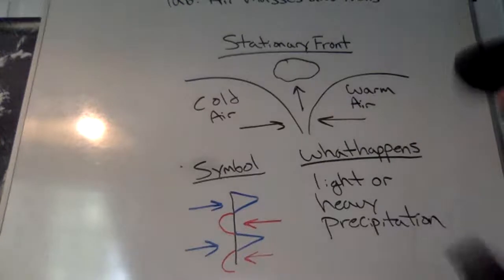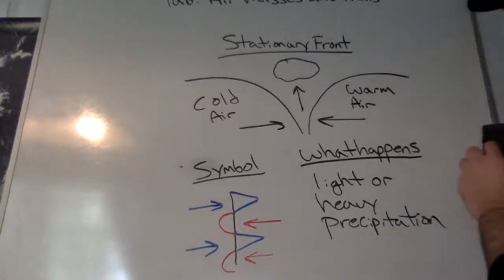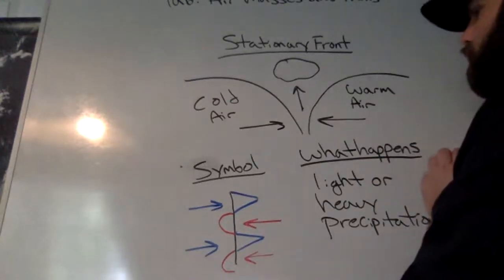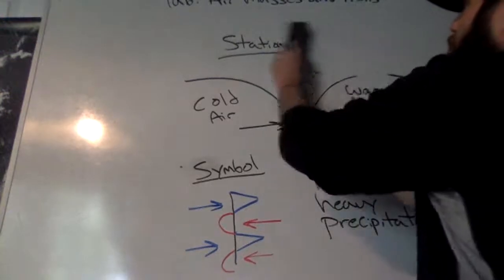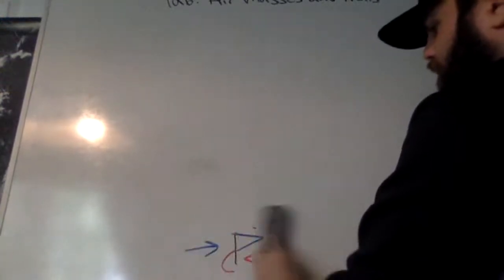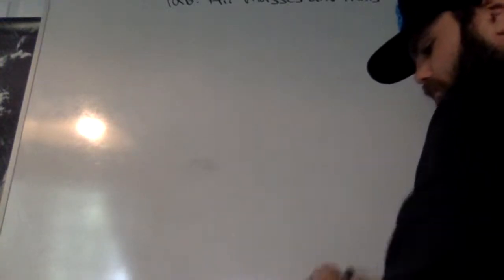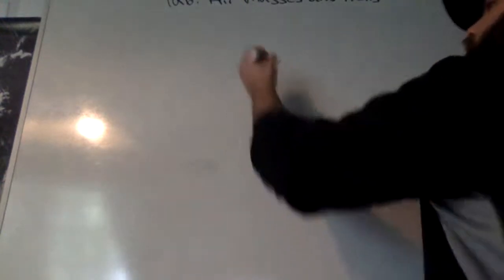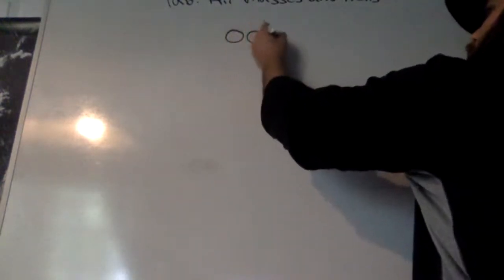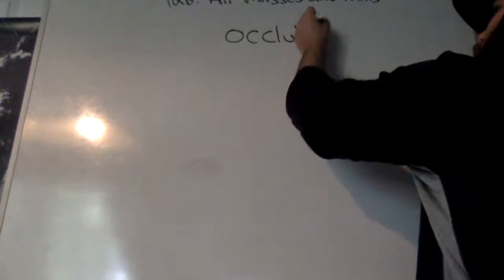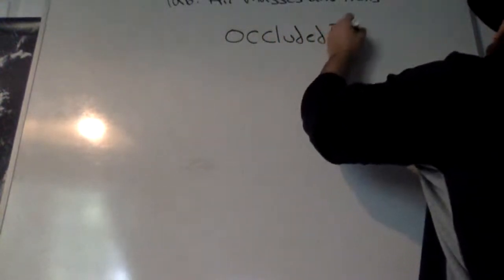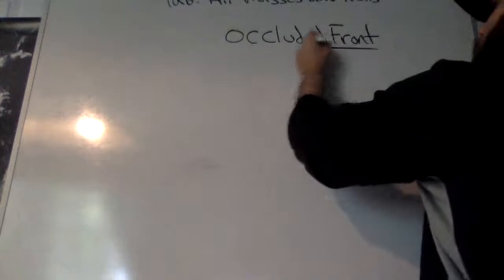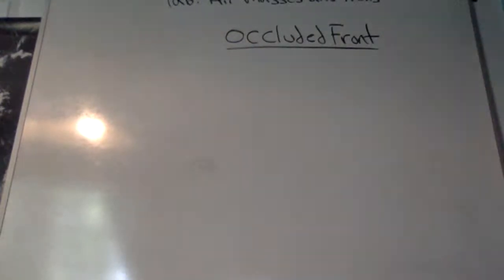Now the last one, before I erase this, just in case you guys pause on this, I want to give you enough time, is our occluded front. For this one, we have our occluded front.